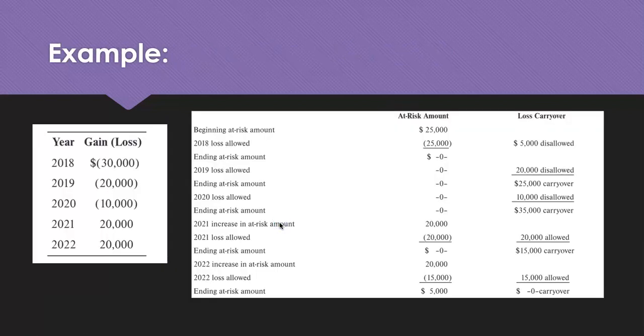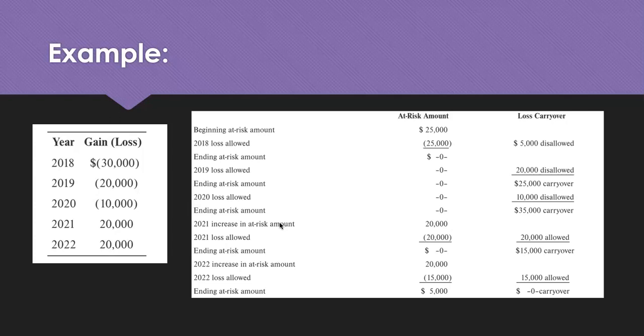You can see this is a really good example. I took this right out of the book to show you guys because it shows her yearly gains or losses on the left-hand side. And then it says that her beginning at-risk amount in 2018 was $25,000.